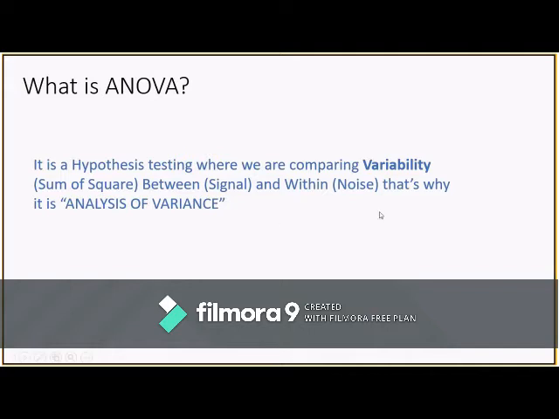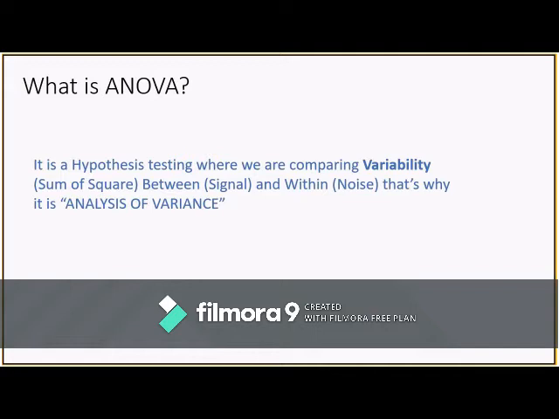ANOVA is actually a hypothesis test where we are comparing the sum of squares, or in a direct way, the variability between and within. The variability between is also called signal, and the variability within is also named noise. I will also let you know when I share the MINITAB part of that.